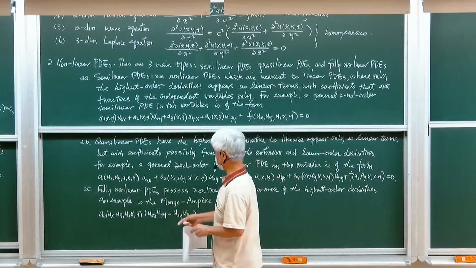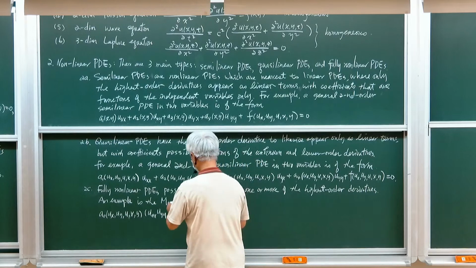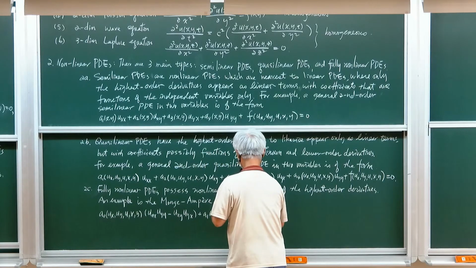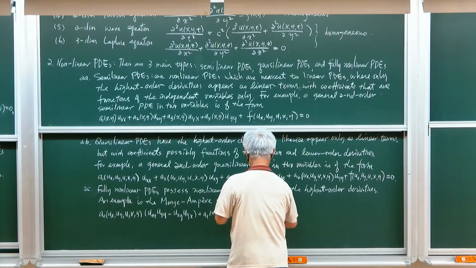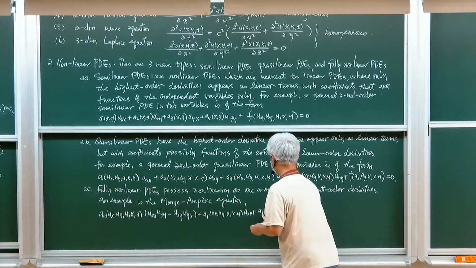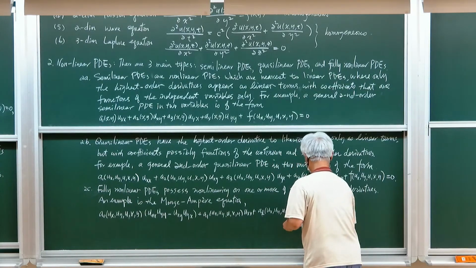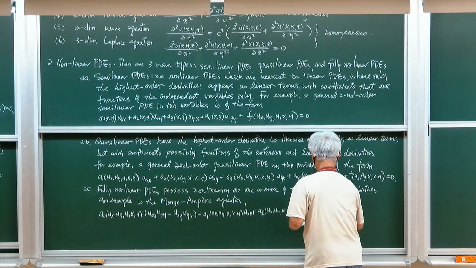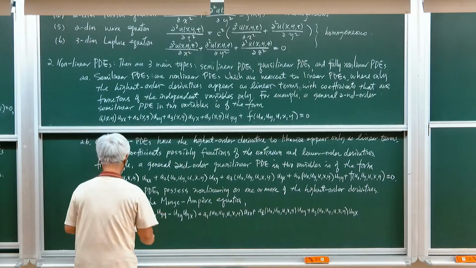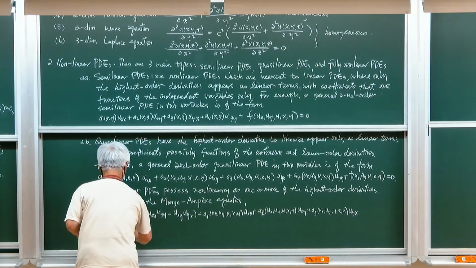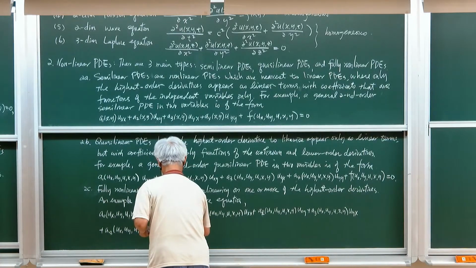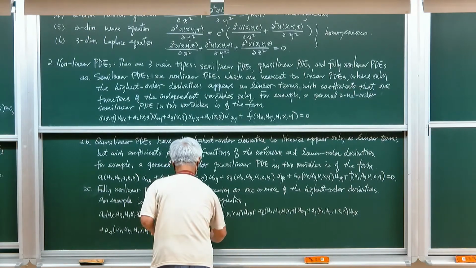Okay, so you have these terms, and you may have the other terms: a1 of ux, uy, u, plus a2, sorry, and a3 of ux, uy, u, plus a4 of ux, uy, u, uyy plus f of ux, uy, u equal to 0.